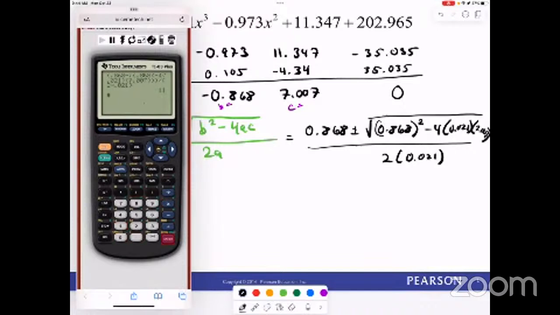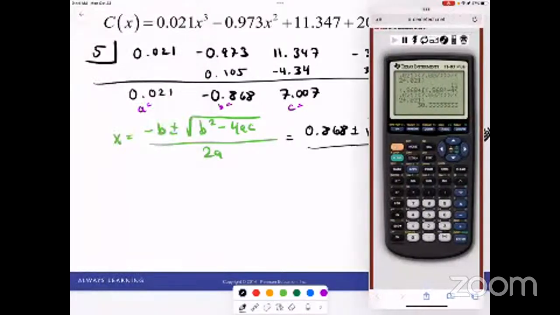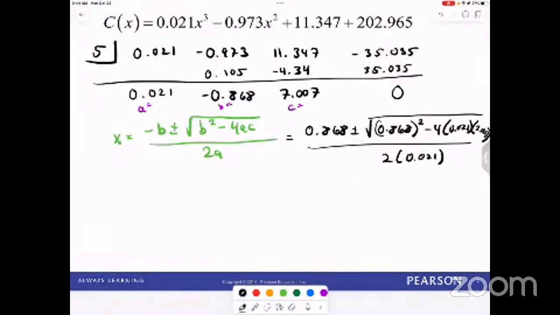Let me check it with the plus real quick. I think with the plus we get a funky one. Let's do the plus. So either 11 years, or 30 and a third years, right? So we got 11 or 30.3 repeating, right?